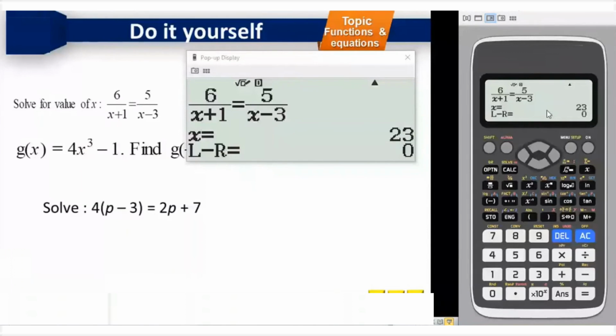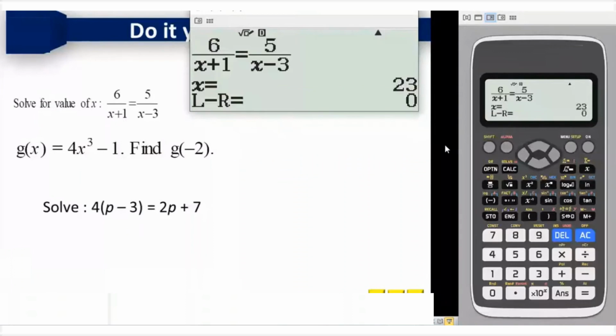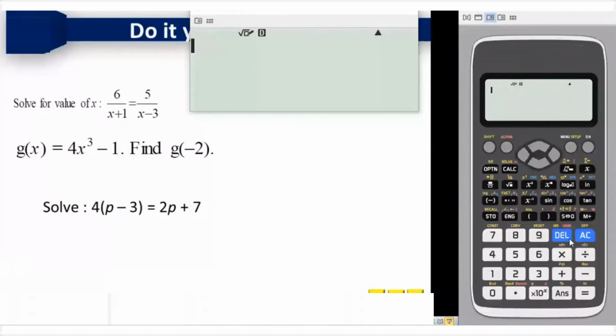I hope I'm clear. All right, so the first question was 4x cube minus 1. My advice to solve this question would be to just replace x by minus 2. Apologies, I by mistake came out of this.